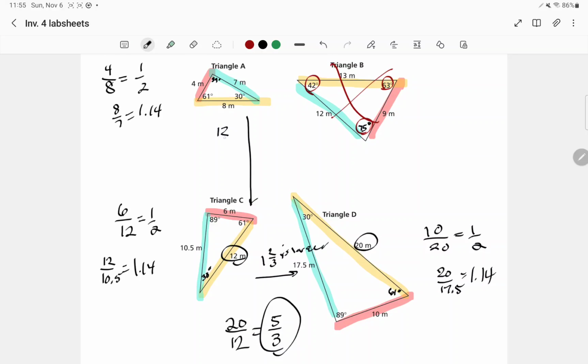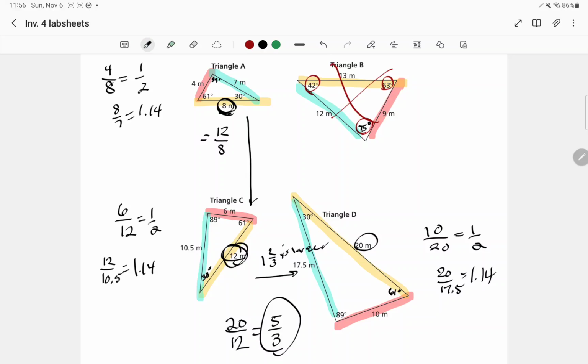If you do 12 to 8, this side to this side, and I want to use those yellow highlighted sides because those are corresponding sides, that is also 1 2/3. I'm sorry, it's not. Scale factors are not always the same. This scale factor is going to be a little bit different.